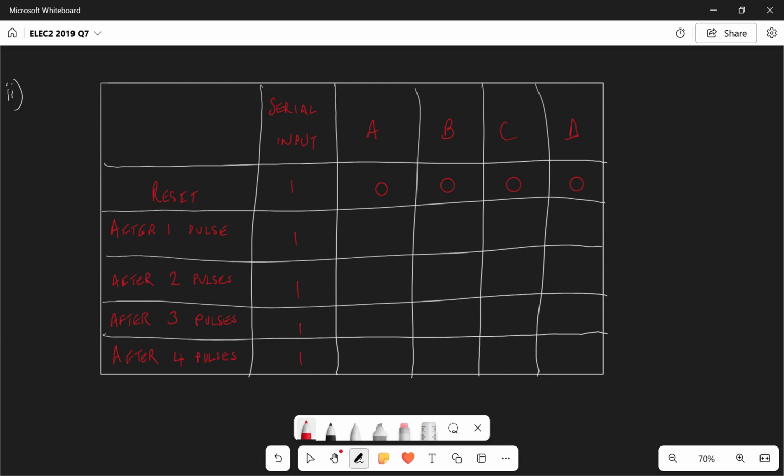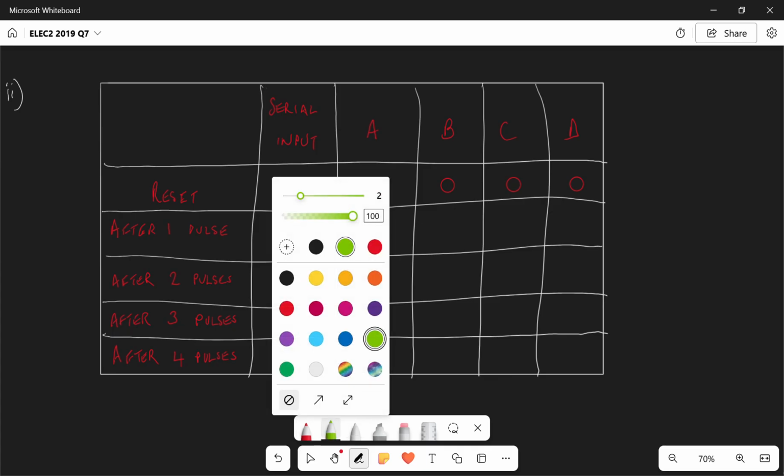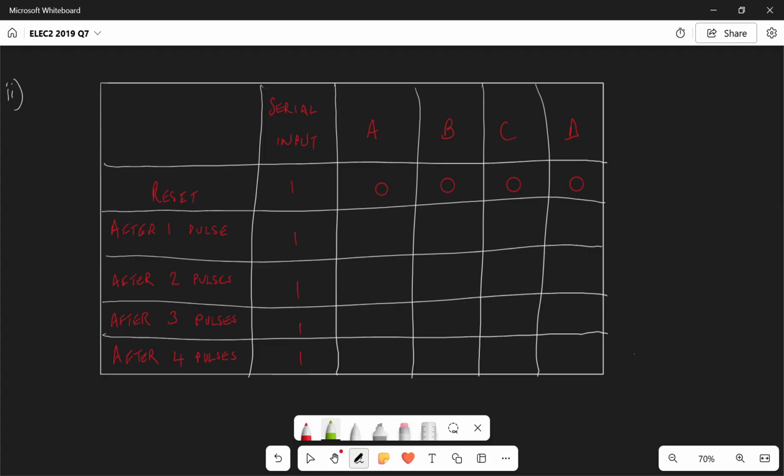So what we get is this type of situation where on this next clock pulse, all of these move in this direction. And what this means is that we're going to get a 1 here, a 0 here, a 0 here, and a 0 here.